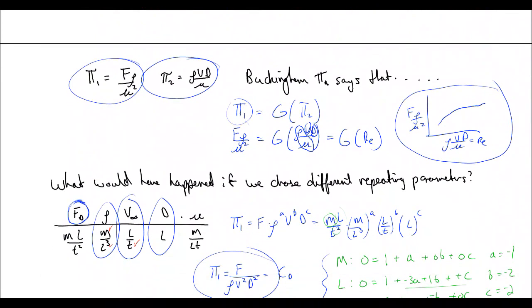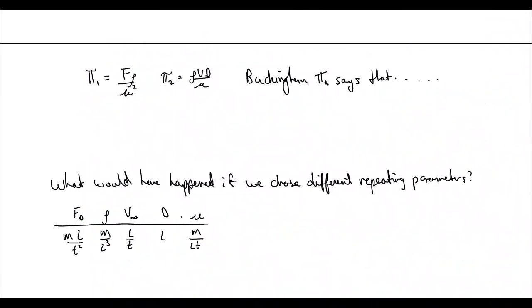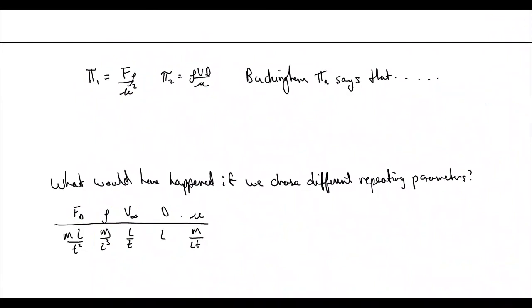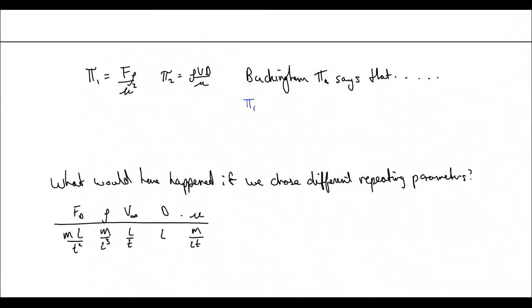So Buckingham pi theorem then tells us that with these two pi groups, I forgot to delete this page. Let me delete this page here so that I can write it for you guys. Buckingham pi theorem tells us that pi 1 is equal to some function of pi 2, right? That's what Buckingham pi theorem tells us. It doesn't tell us what this function is, but it does tell us that.